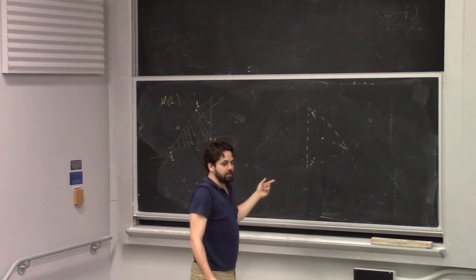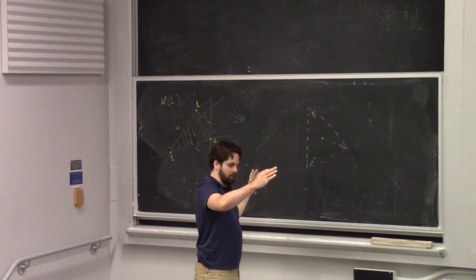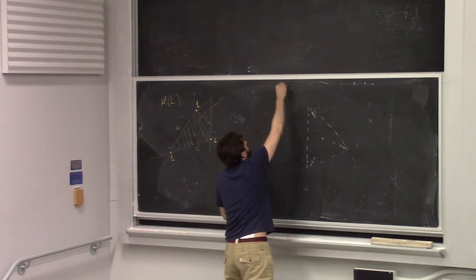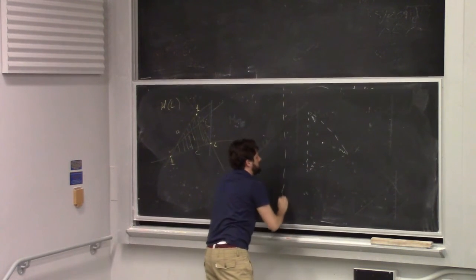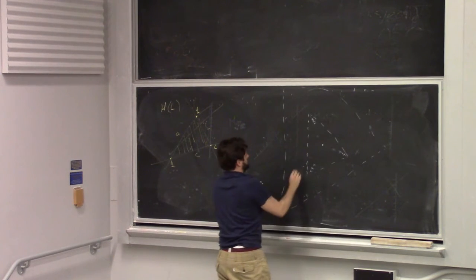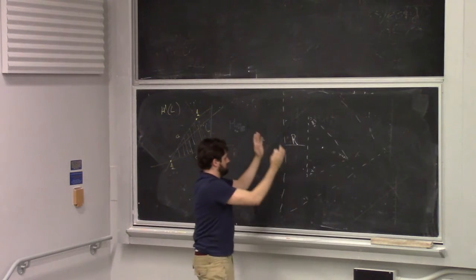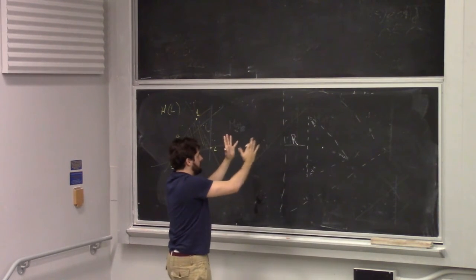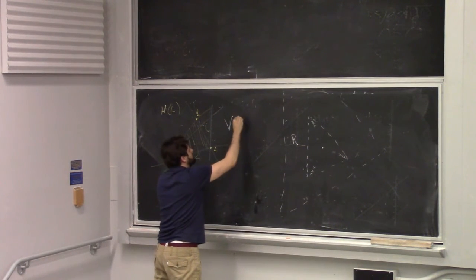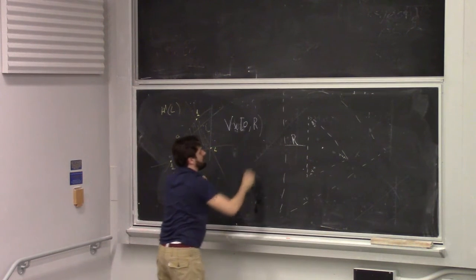And the proof is that if there was a Hamiltonian isotopy, I could do this Hamiltonian isotopy inside the symplectization, how do I describe it? Inside the contact manifold times (0, r) for some r.